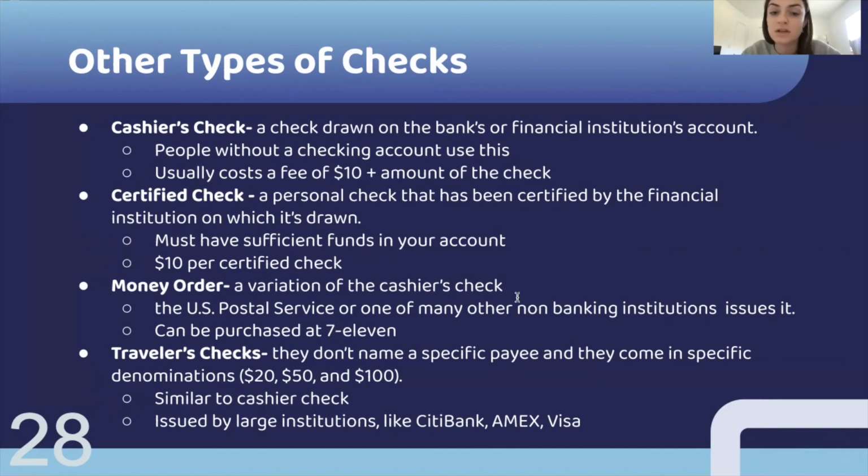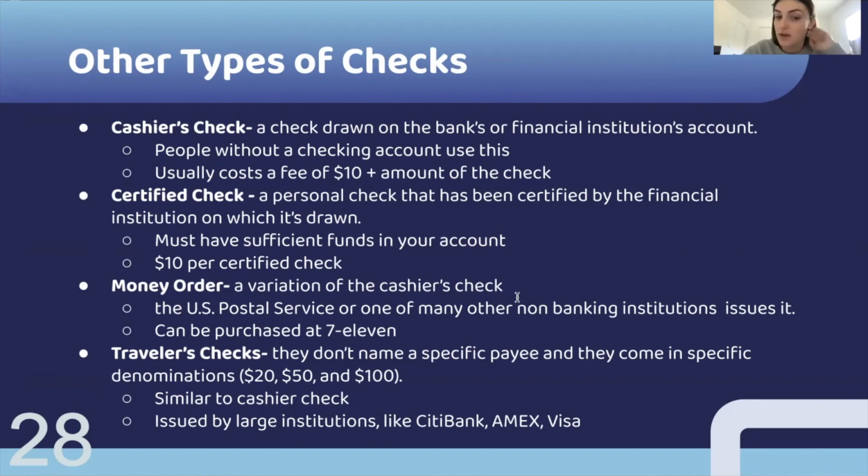A money order is a variation of a cashier's check. This isn't usually issued by a financial institution. It might be the US Postal Service, or you can also get one at a convenience store like 7-Eleven. And a traveler's check usually doesn't have a specific payee, and they come in specific denominations of 20s, 50s, 100s.